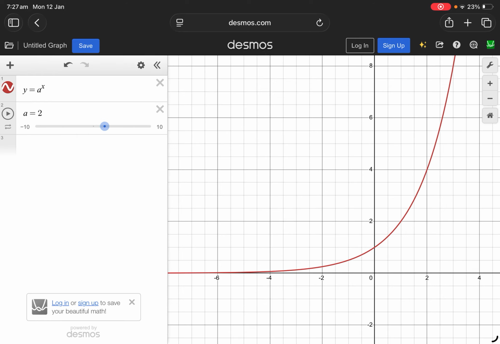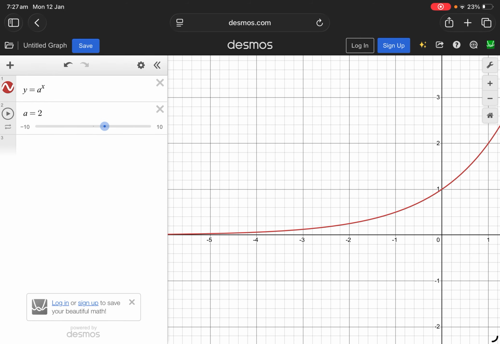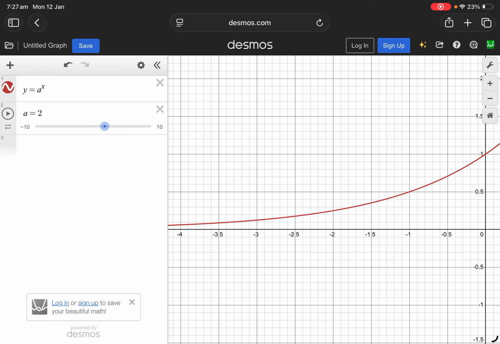But let's look at what happens on this section, because we have to recall that if my power was negative, for example, I had y equals 2 to the power of negative 1, negative powers are going to make indices that are fractions.